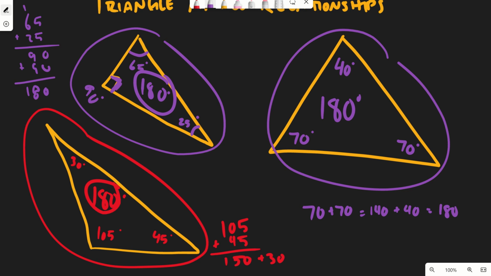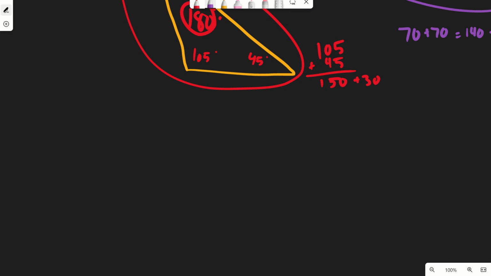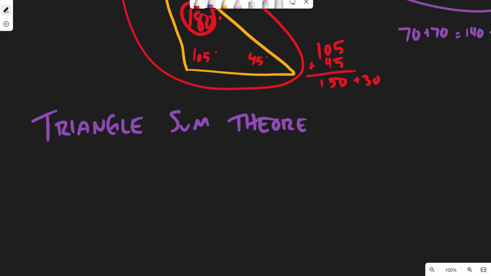That is called the triangle sum theorem.